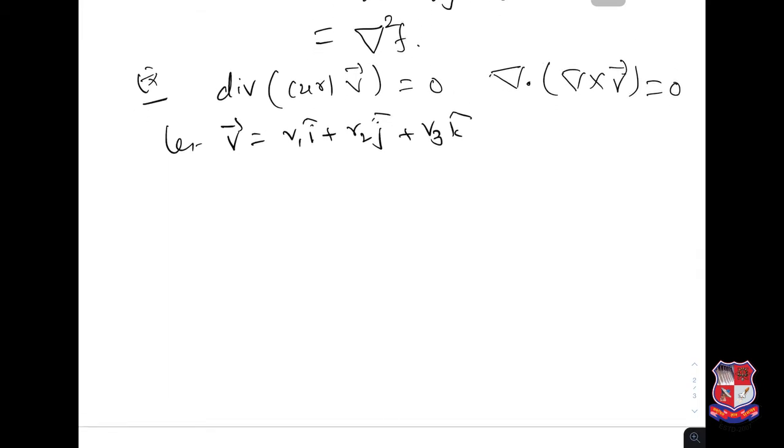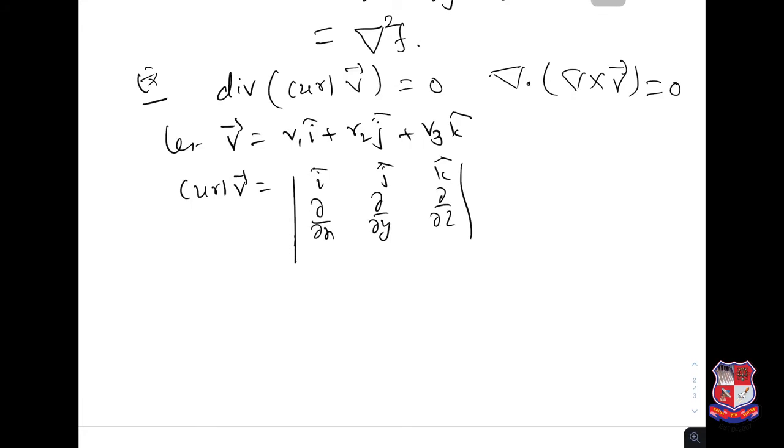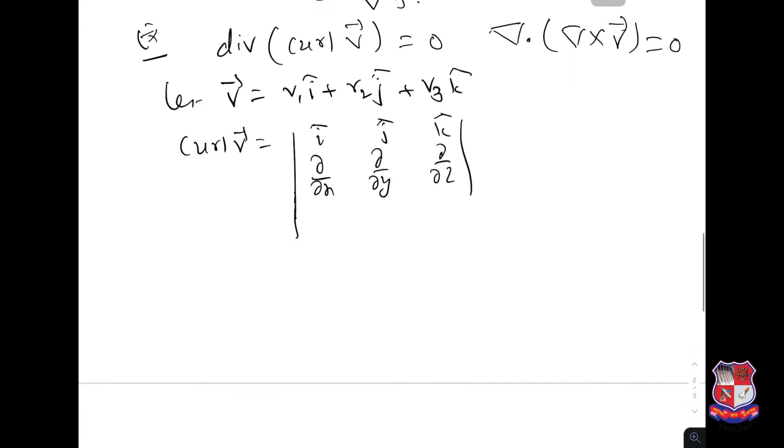Let us first find curl of v. So curl of v is the determinant with i, j, k, del by del x, del by del y, del by del z, then v1, v2, v3.